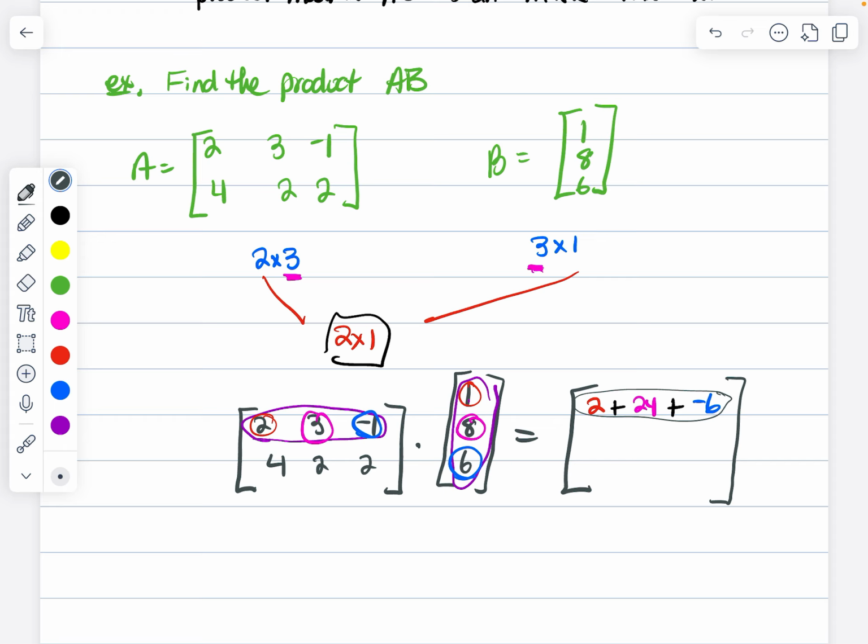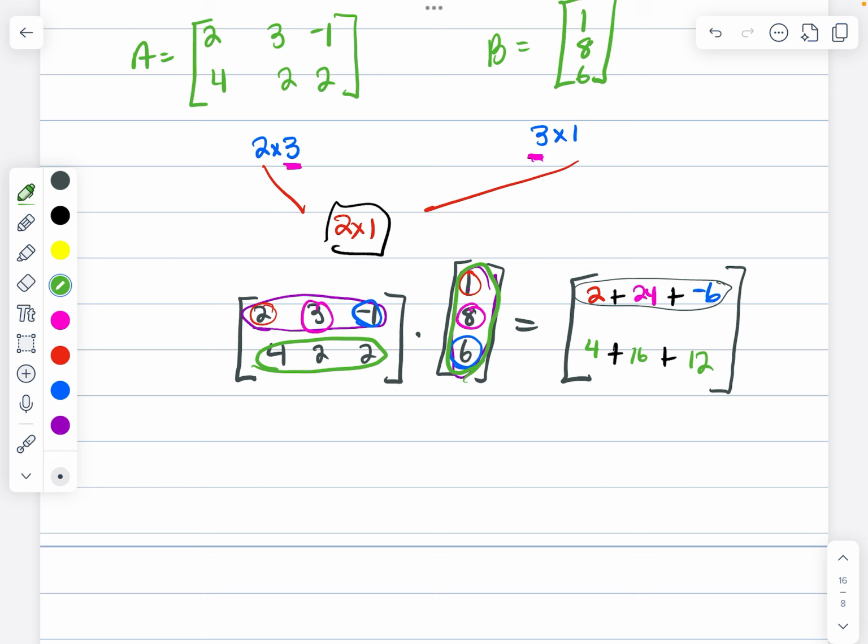So now from here, what we want to do is take the second row and multiply it by each element in this column. So each element in the row times each element of the column, and we write it here. So that'll be 4 times 1, which we know is 4, and then plus 2 times 8, which we know is 16, plus 2 times 6, which we know is 12.